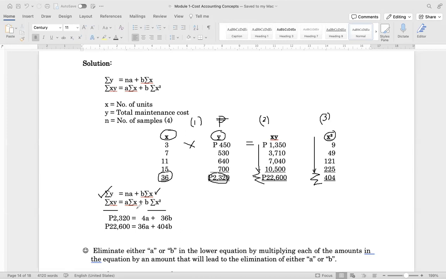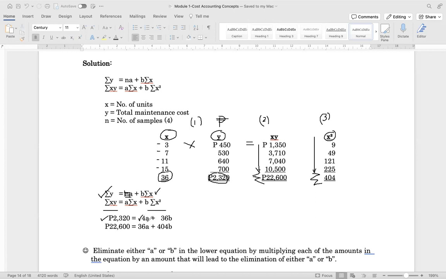Summation of Y, that is 2,320. N, number of units: 1, 2, 3, 4. So there are 4. N is the number of samples. There are 4 samples.